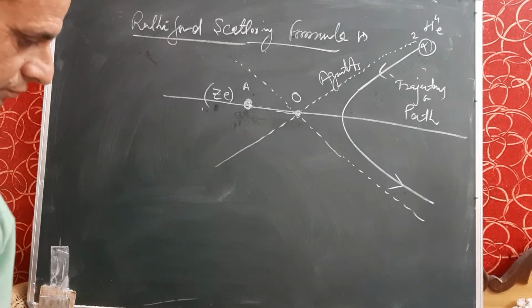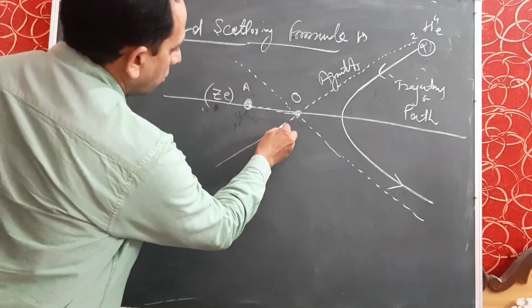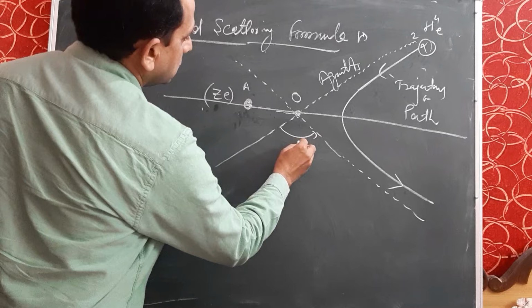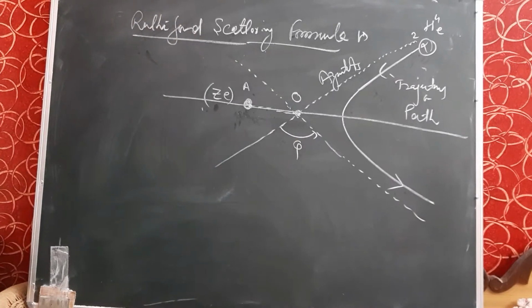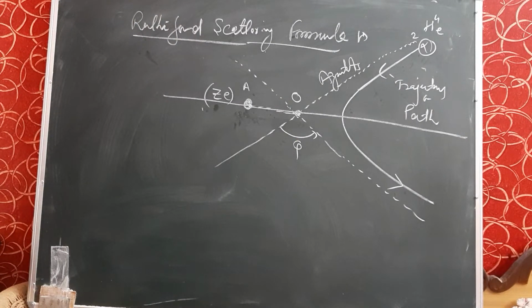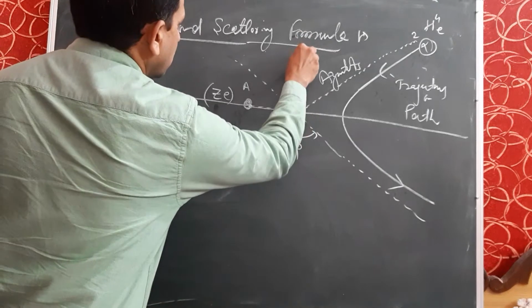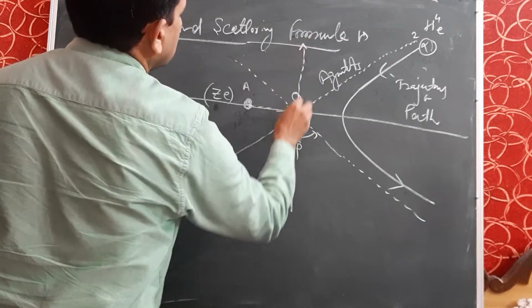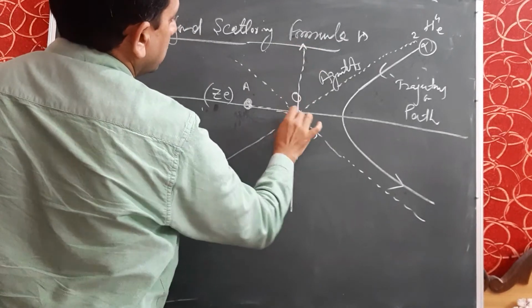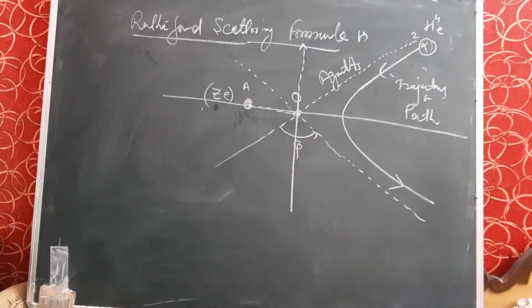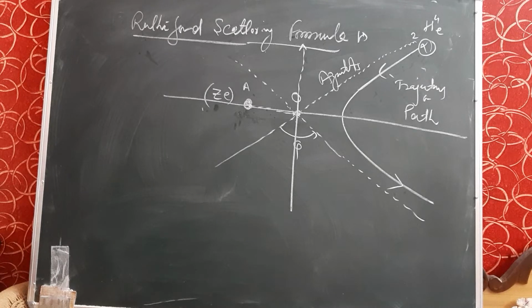Now, the angle formed between these 2 asymptotes is phi. This phi is called the angle of scattering. So, we can draw the y axis here. This is the origin, this is the x axis, this is the y axis. We can solve this article by using these two axes, and we will apply the plane polar r, theta system.